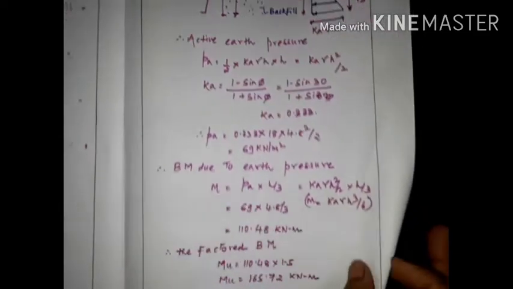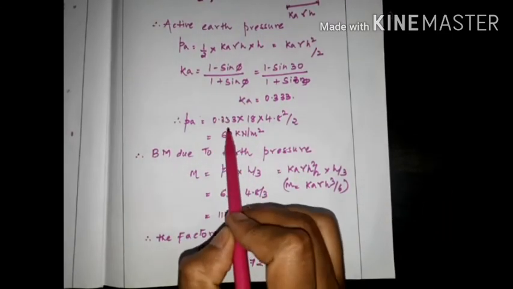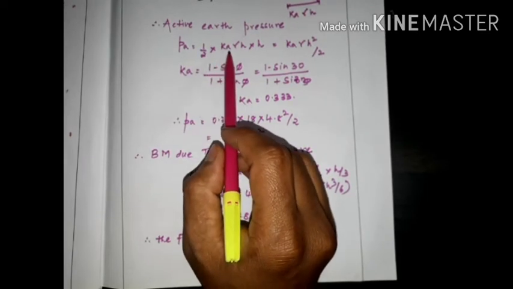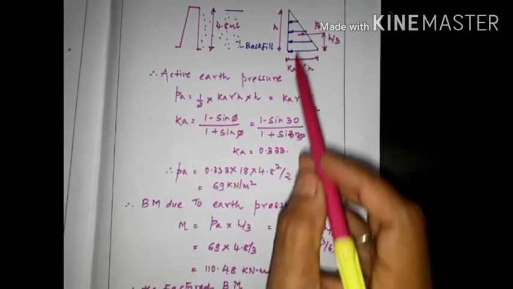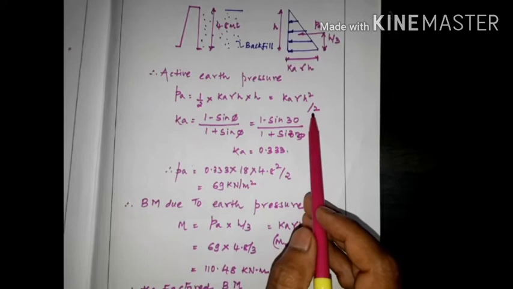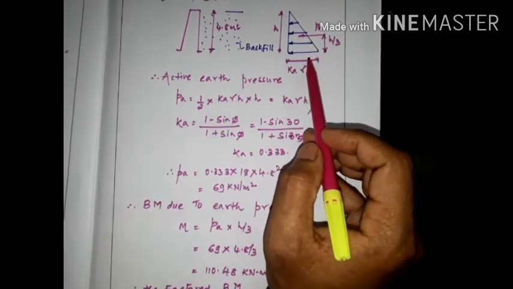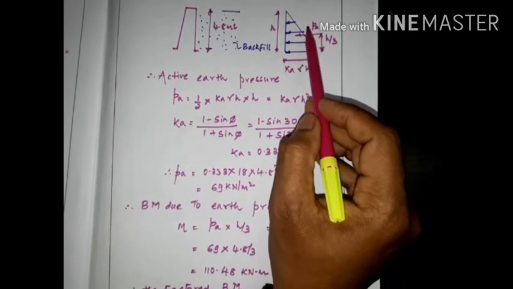The pressure is the area of the pressure distribution diagram, that is K into gamma into h square by 2, and the centroid of that force will act at a distance h by 3 from the base. That is the PA, that is active earth pressure.